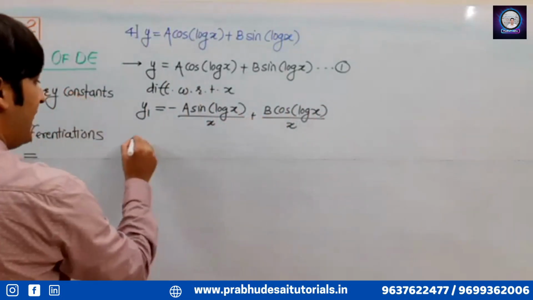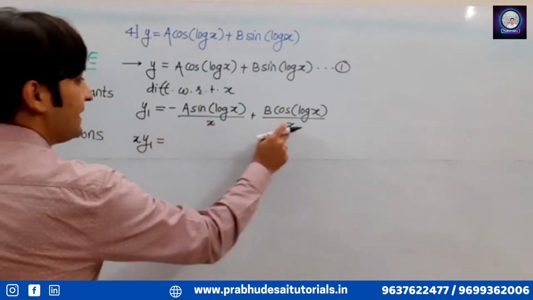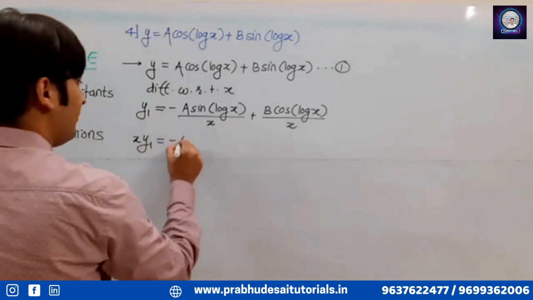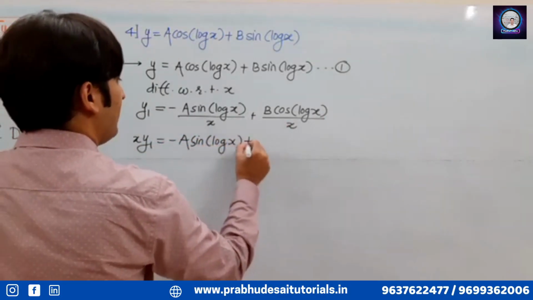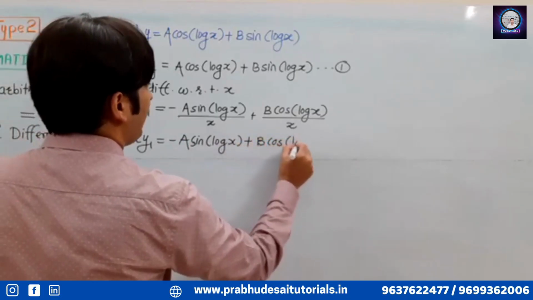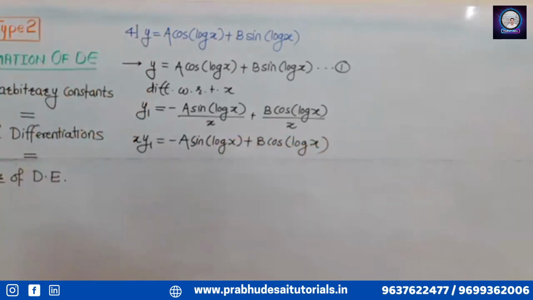Bring this x behind, so it will be x y1 is equal to minus a sin of log x plus b cos of log x, and I just did the first derivative.